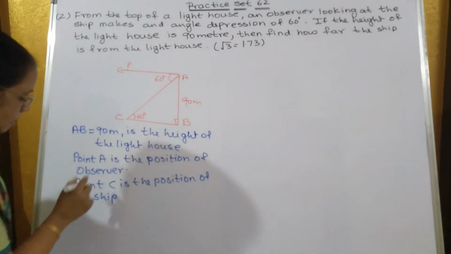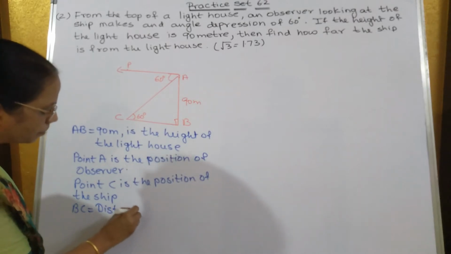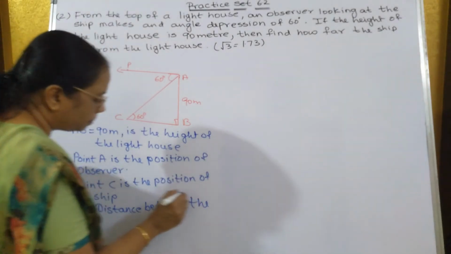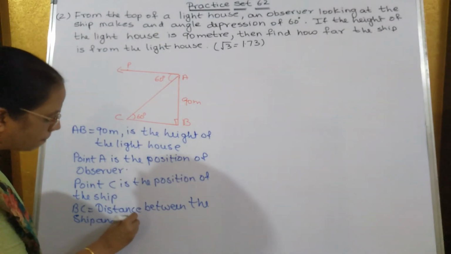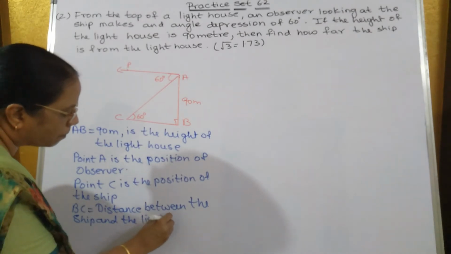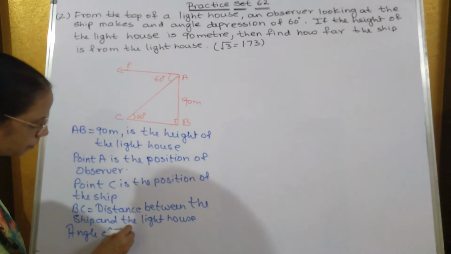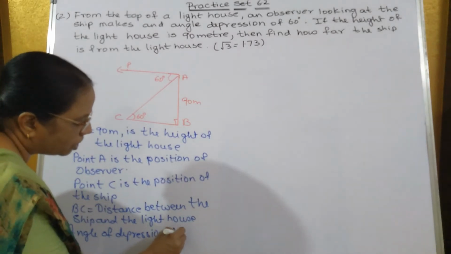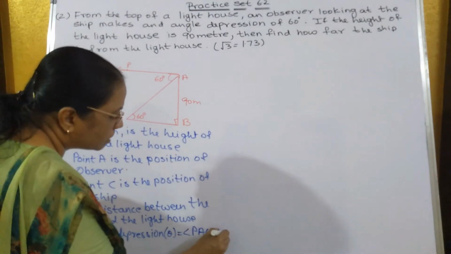And BC is equal to the distance between the ship and the lighthouse. Angle of depression, that is theta, is equal to angle PAC. Angle PAC is equal to 60 degree.